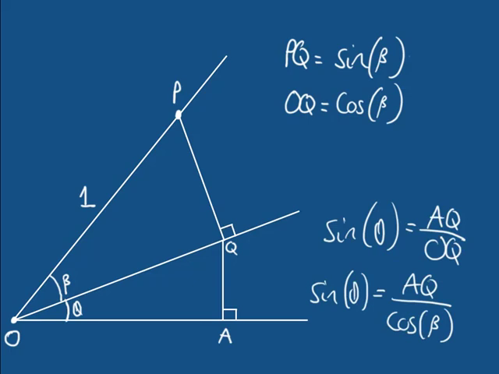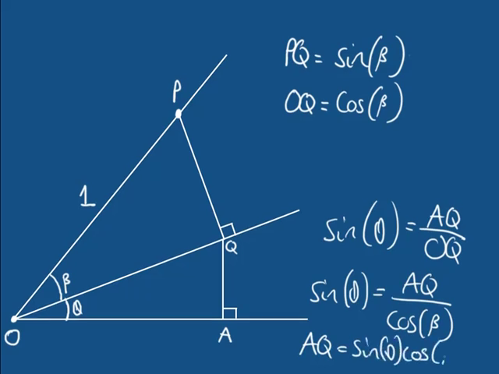We can rewrite this to find AQ is equal to, if we multiply both sides by the cosine of beta, the sine of theta times the cosine of beta. So I'm going to write this up here as we're finding the lengths of various edges in our diagram. So AQ is equal to the sine of theta times the cosine of beta.